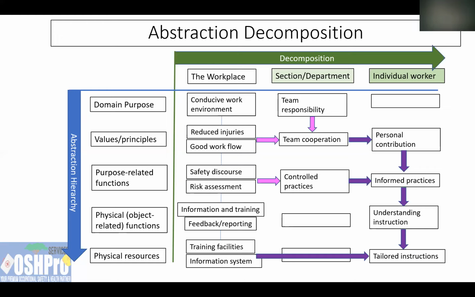Maybe to do that, they have to be informed on practices. We talk about information and training generally for the company. And then we break down, we need that individual to have a specified training. So for the company, we say we need training, but what do the individuals in different departments need to know?